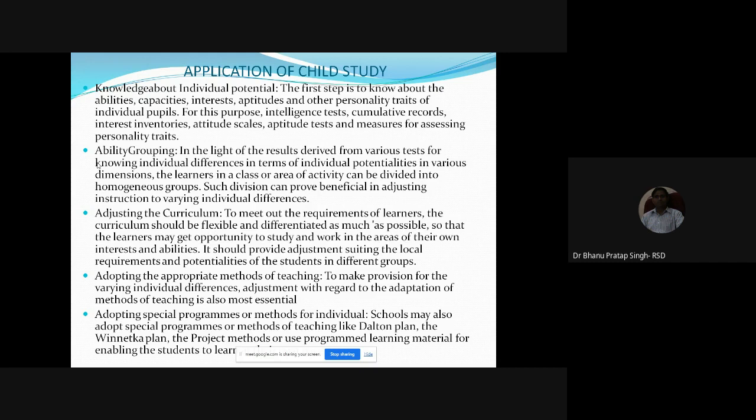Means homogeneous, as a teacher, we may create peer groups. So child study plays a very important role in making peer groups, but it is possible only through the study of child psychology. Next is adjusting the curriculum.